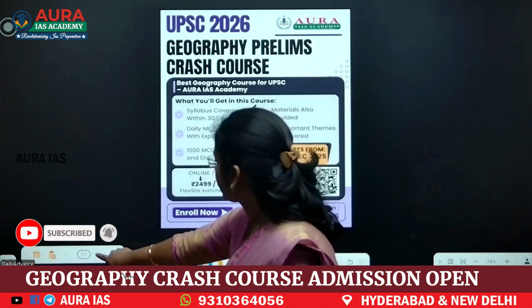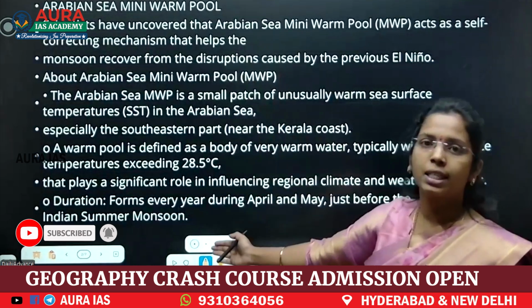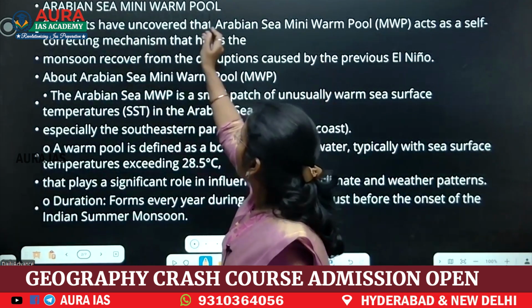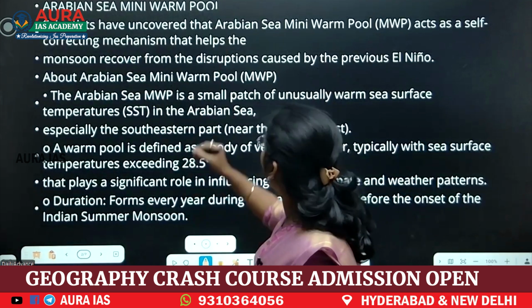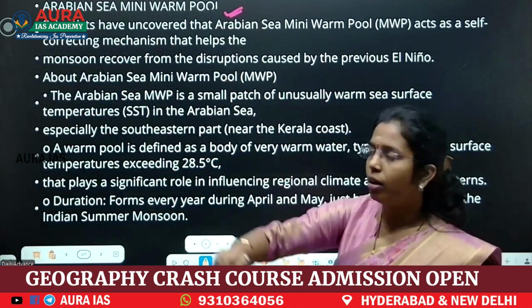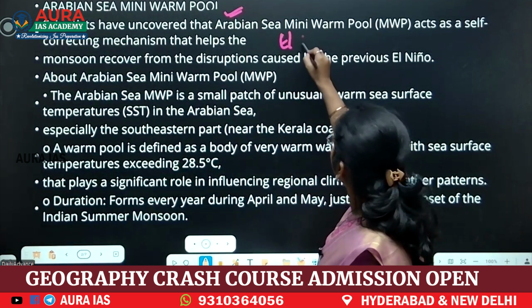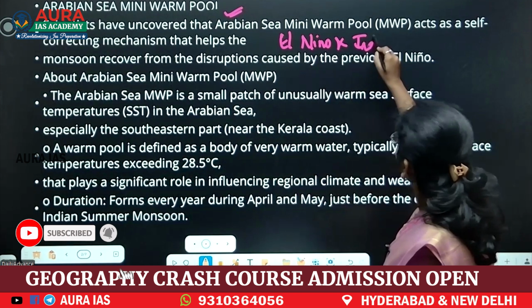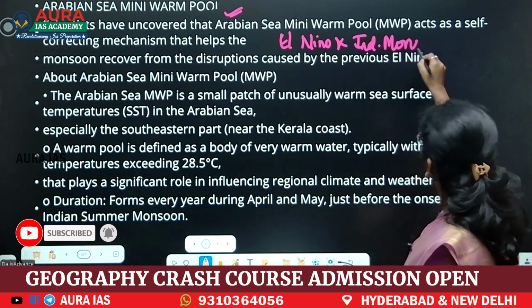First, for example, I'll show the sea. Recently, we have seen the Arabian Sea mini whirlpool. Now, this Arabian Sea mini whirlpool is related to El Nino and the Indian monsoon.